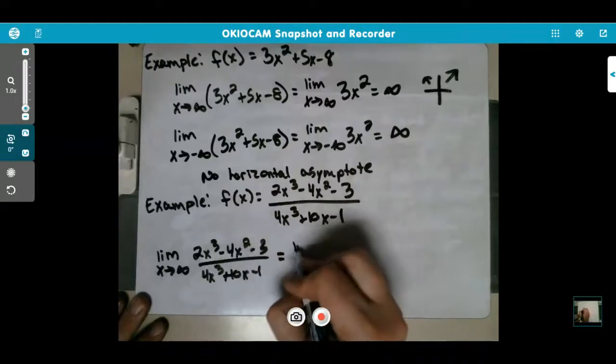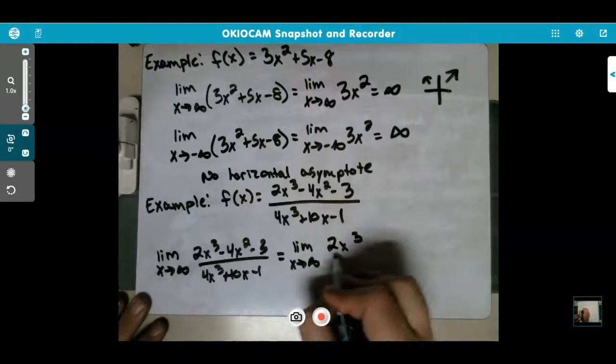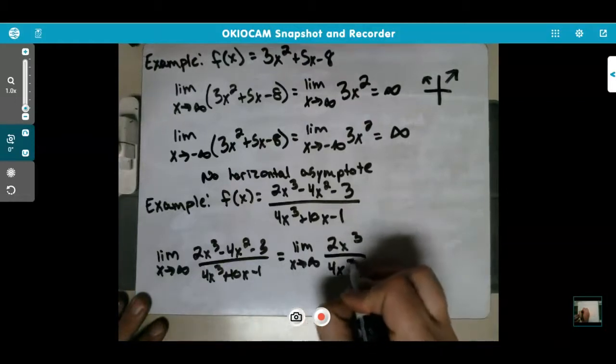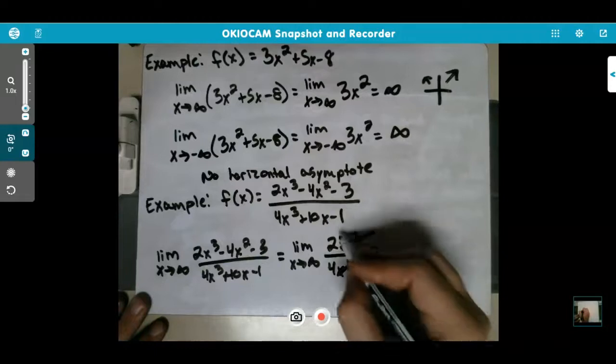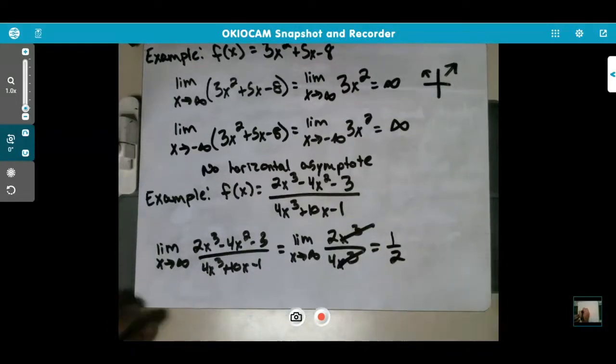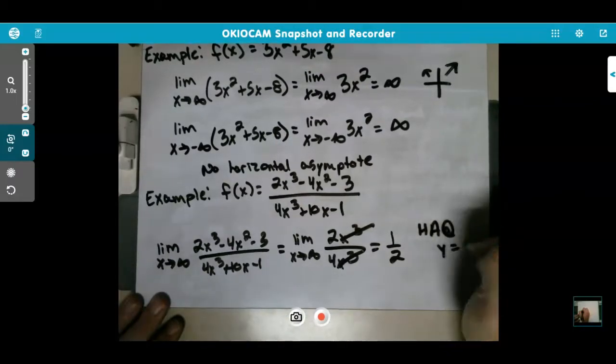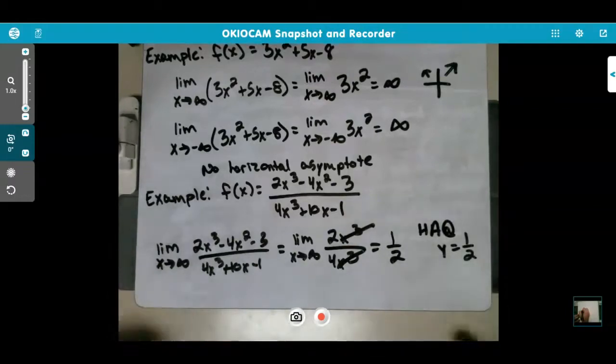So the largest on top is 2x cubed. Largest on the bottom is 4x cubed. Cancel those out. 2 over 4 is like saying 1/2. So this means there is a horizontal asymptote at y equals 1/2 on the right side.